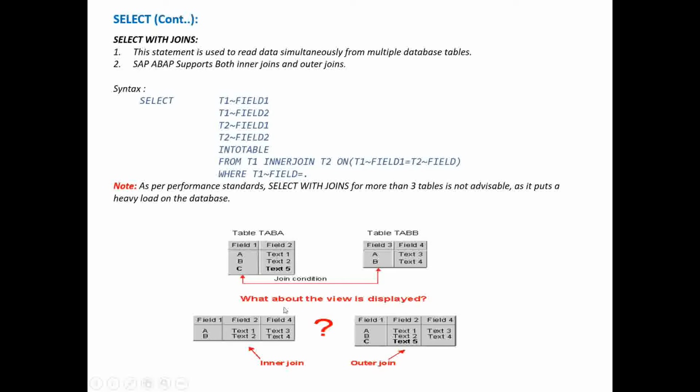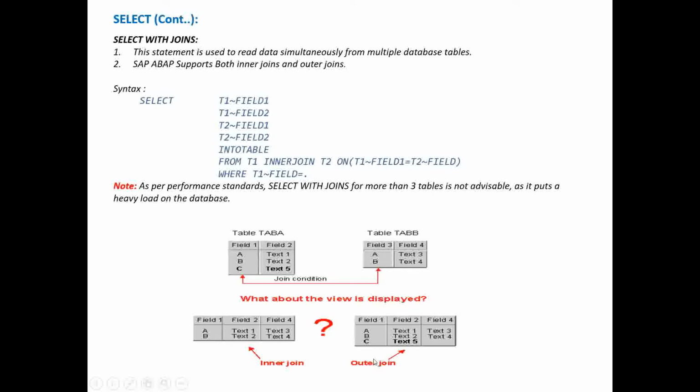When we use inner join, what will happen? Suppose A and B are available in both tables. It will read only the common data. It combines the same fields, but whatever data is available in both tables for those primary key values, only those complete records will be fetched in inner join.